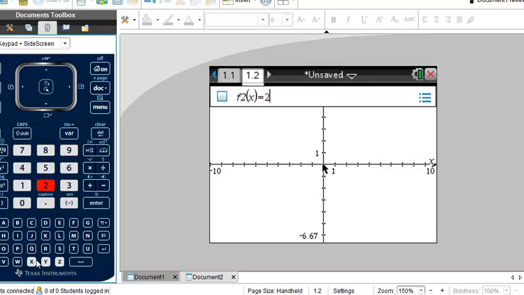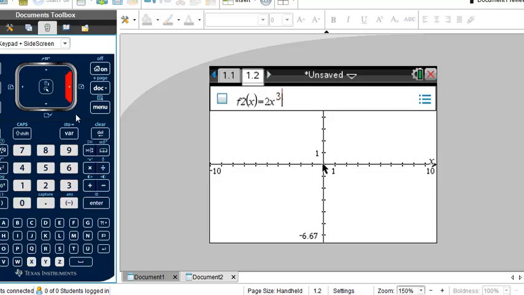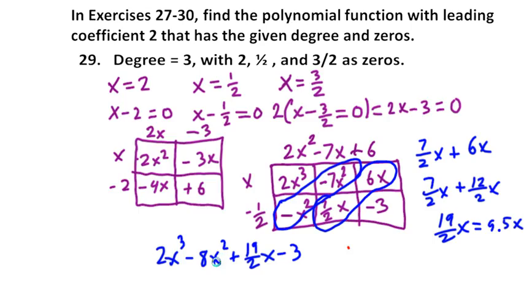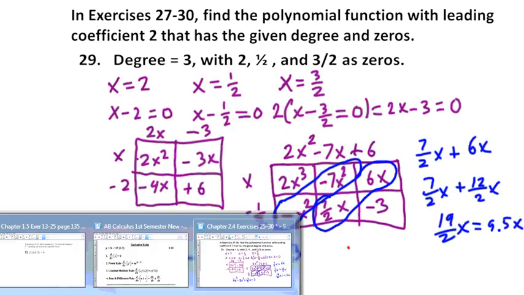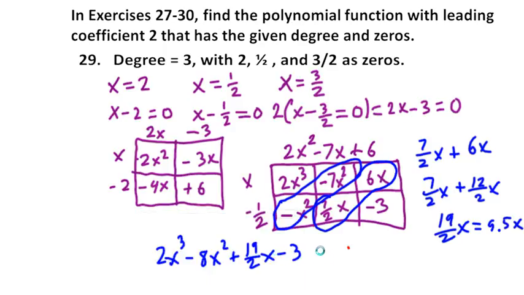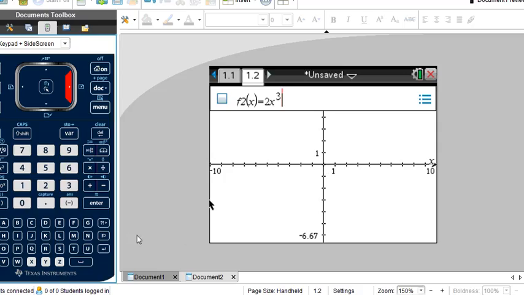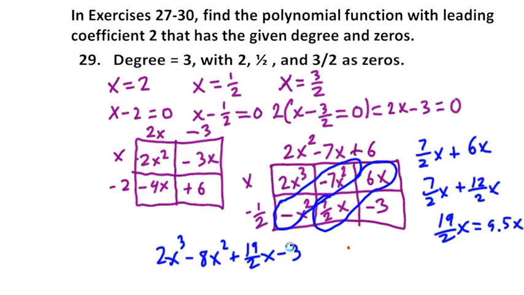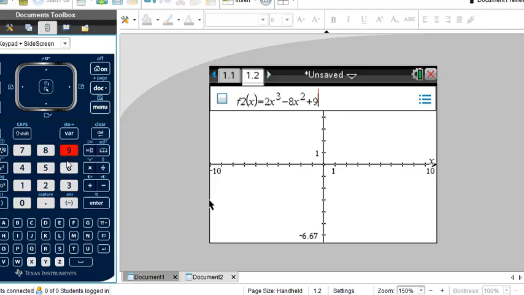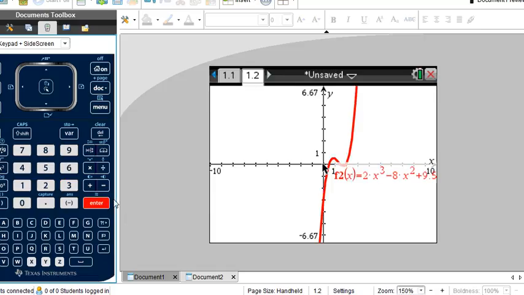We have 2x cubed minus 8x squared, plus 9.5x minus 3. We'll see if we get all the roots we need here.